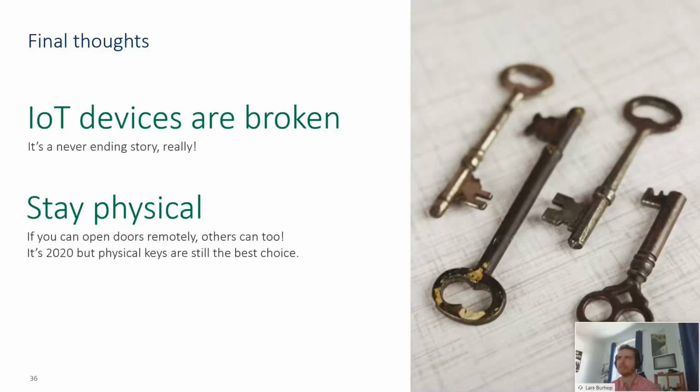We took a pretty close look at one special kind of IoT device, which is the gateways. And we showed exploit chains for two of them. And that, for us, shows IoT devices are still broken.